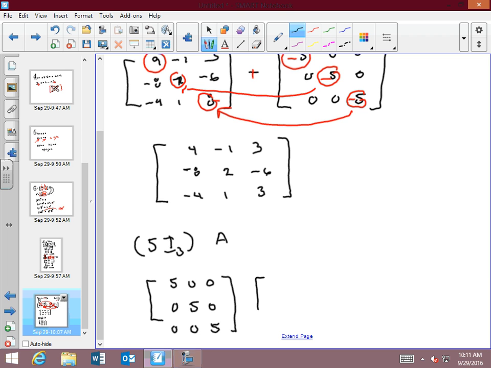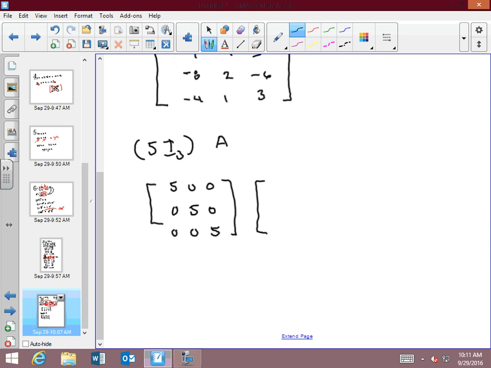And then the A is going to be 9, minus 1, 3, minus 8, 7, minus 6.